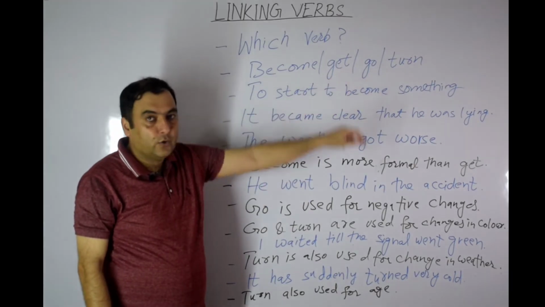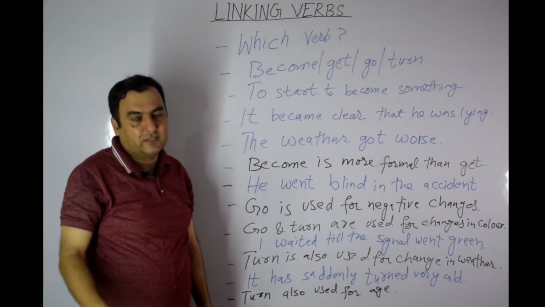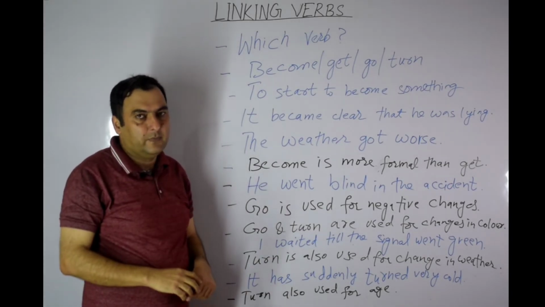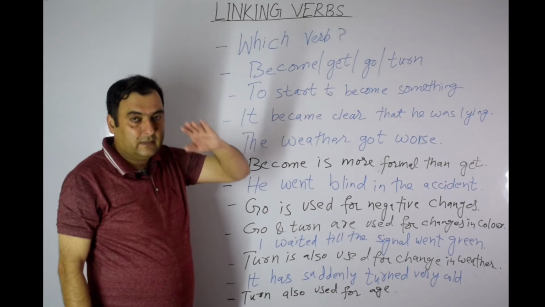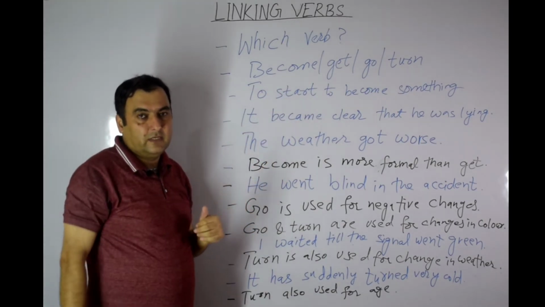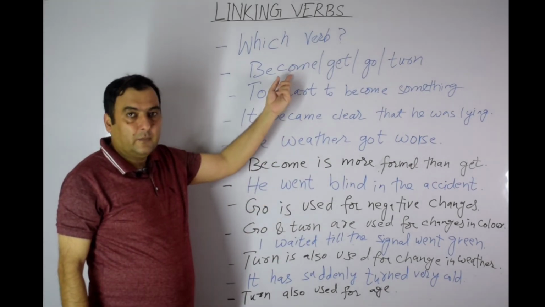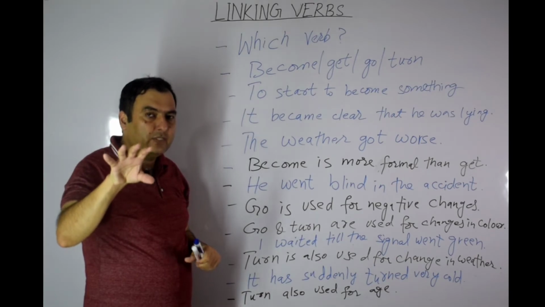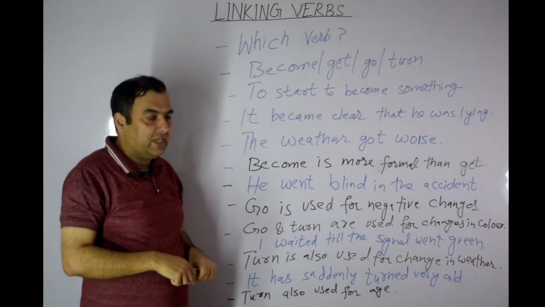The next is go. Commonly used as an intransitive verb, but go is also used as a linking verb. And in that case, it means become. But what is the difference in meaning between become and go? Well, go is used for negative changes.